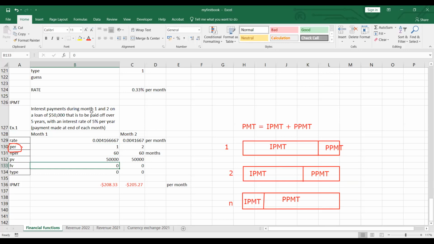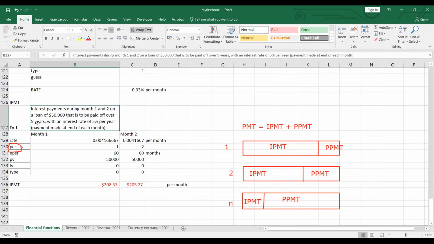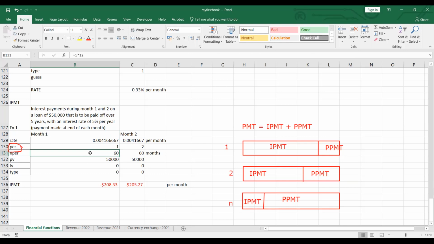Over 5 years, and in this one it said during month 1 and month 2, which means you pay monthly. So you want to pay it off over 5 years, you have to change the nper from number of years to number of months by multiplying 5 by 12, and you get 60.